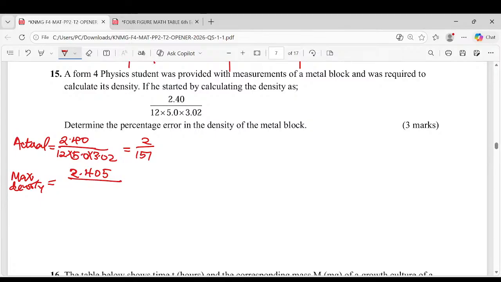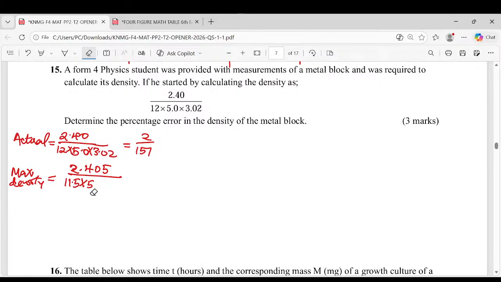This will become 11.5 times 4.95 times 3.015.